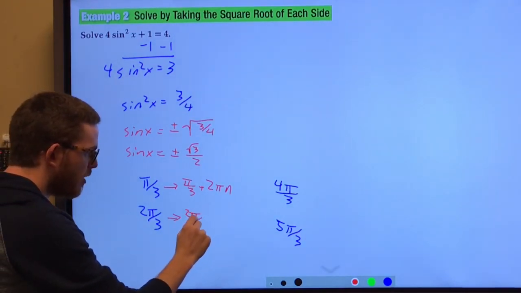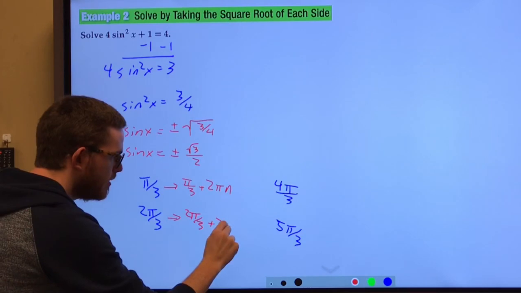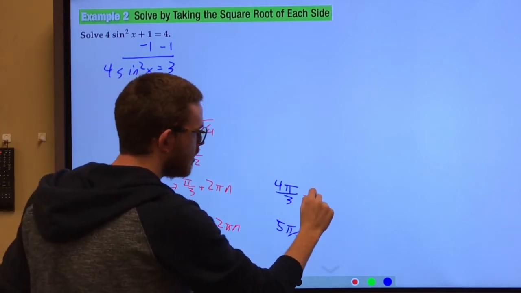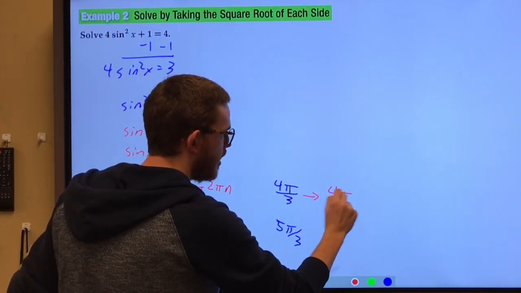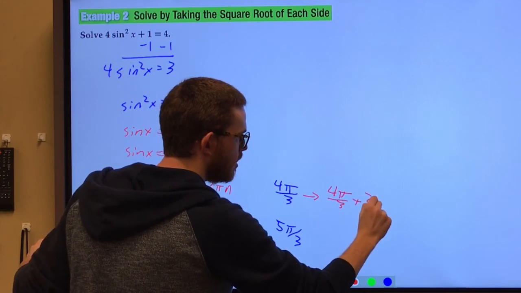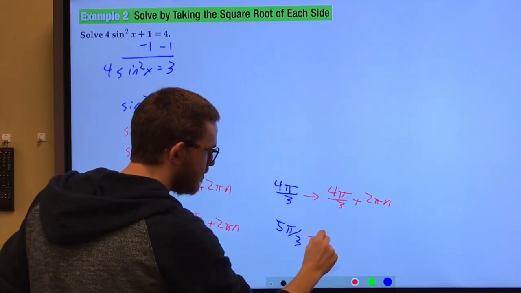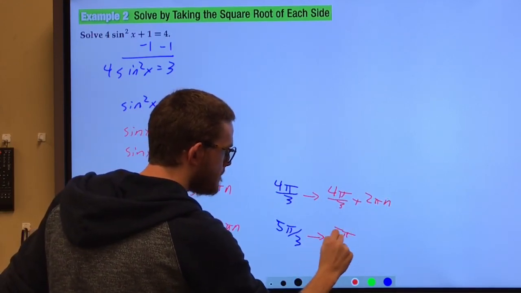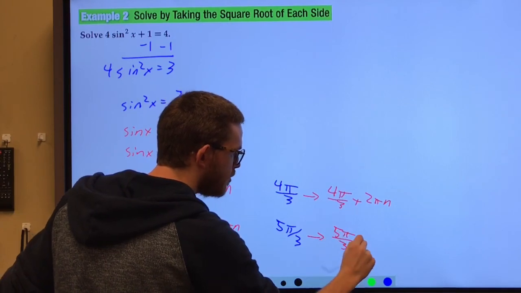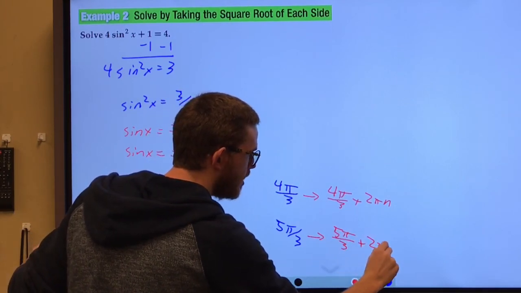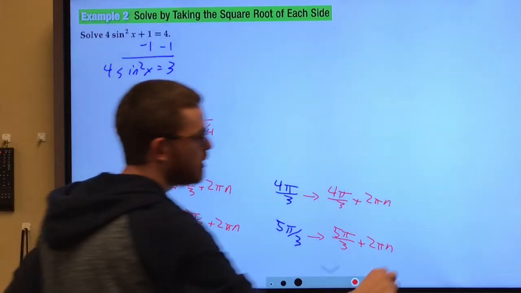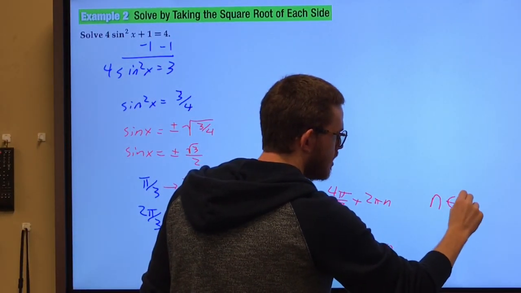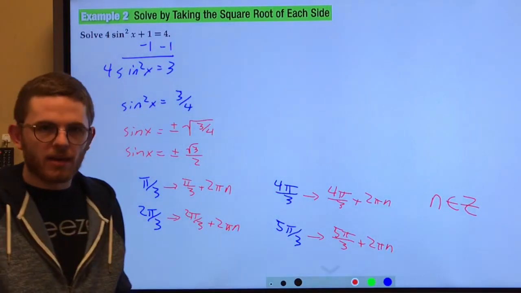So that'd be 2 pi over 3 plus 2 pi n. I need to do the same thing here. That would be 4 pi over 3 plus 2 pi n. Finally, 5 pi over 3 plus 2 pi n. Of course, in all these situations, n is an integer.